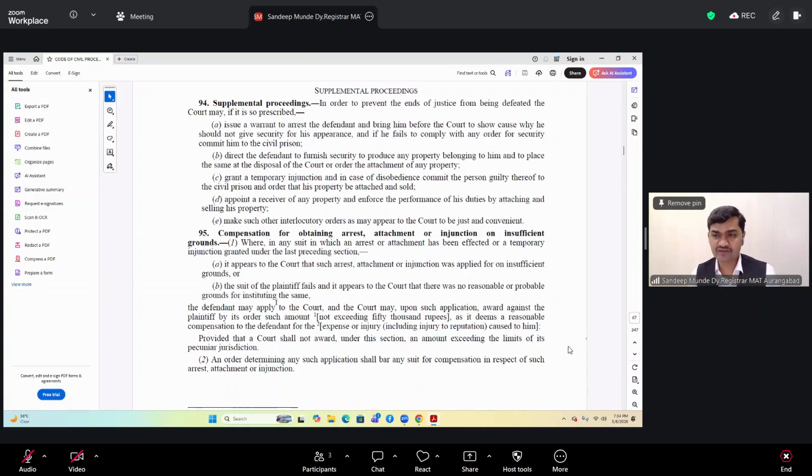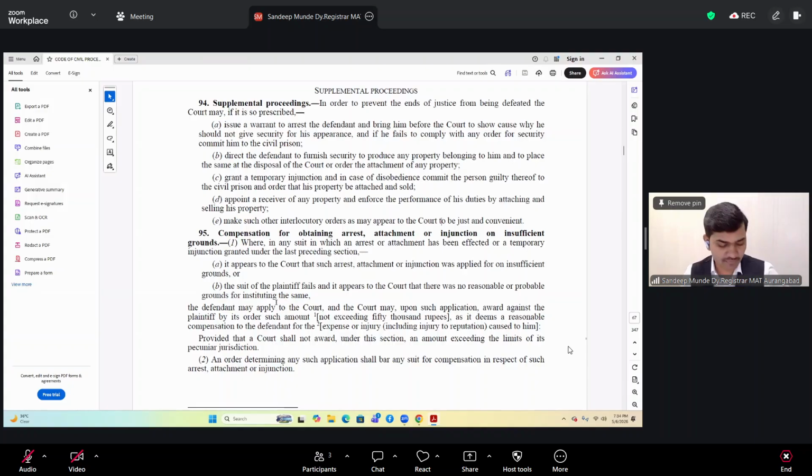During the pendency of any suit, appeal, or proceeding, if there is the death, marriage, or insolvency of the parties, Order 22 is applicable, that if the right to sue survives, then the legal heirs may proceed with the matter. There will not be the abatement.